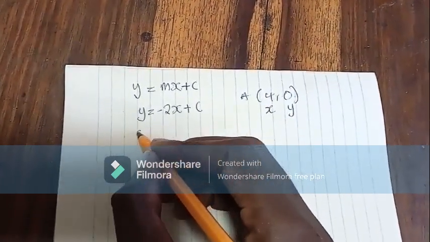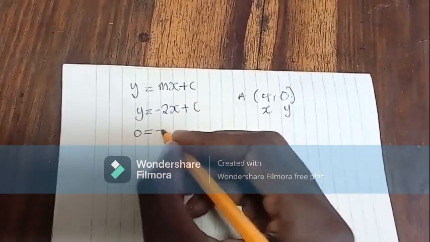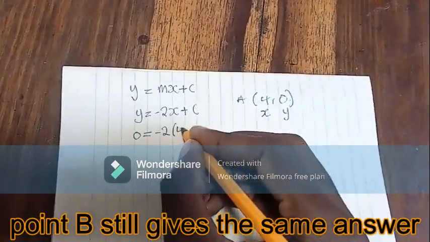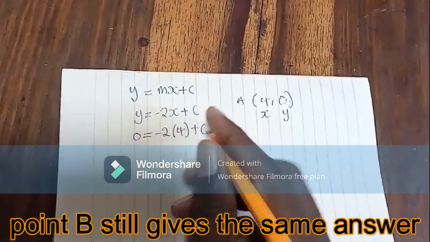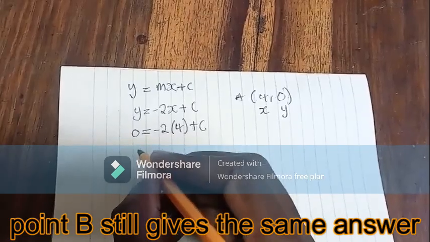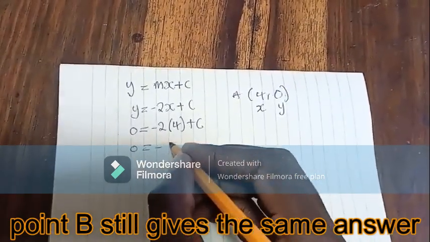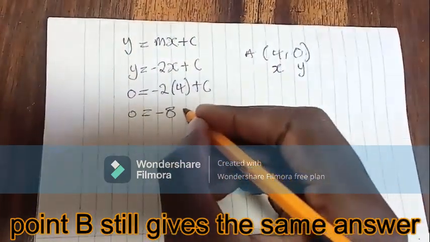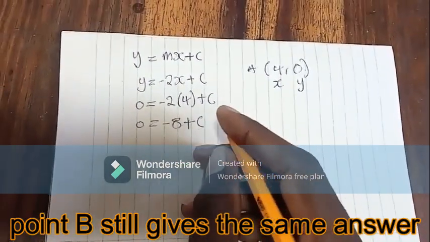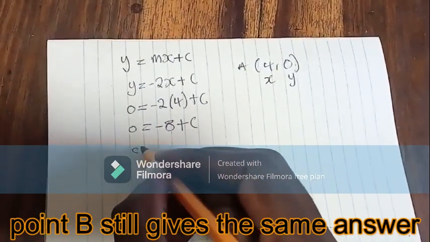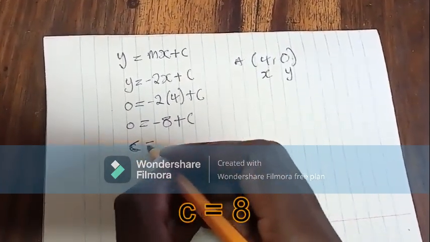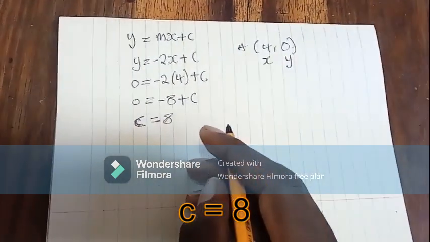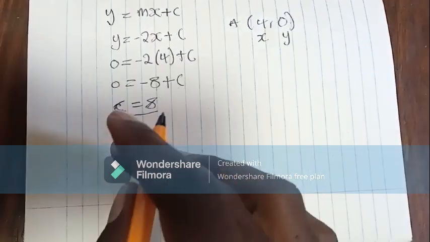So wherever there's y, I'll put 0, and then negative 2 where there is x, I'll say 4, then plus c, of which we know this is 0, then negative 8, and then plus c, of which our answer will give us positive 8.